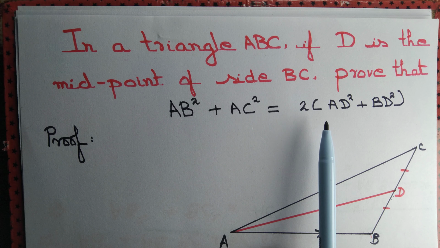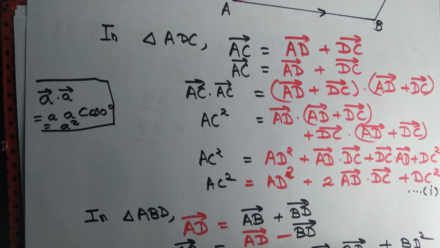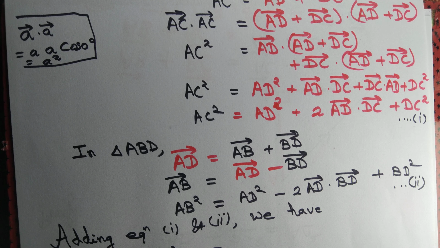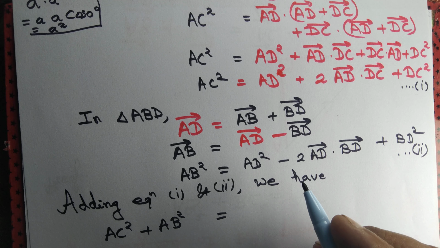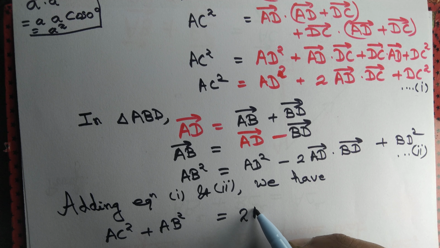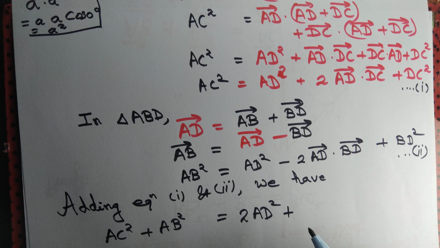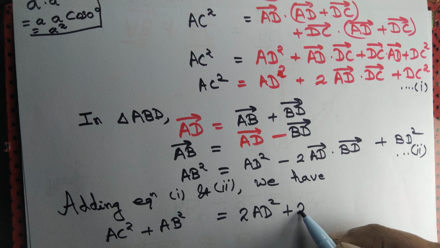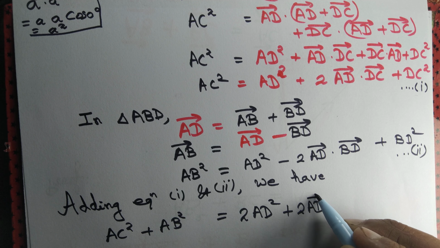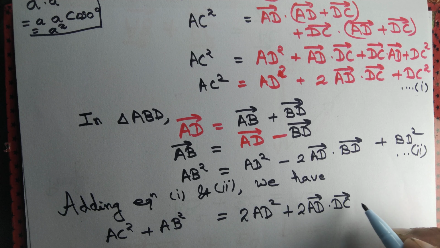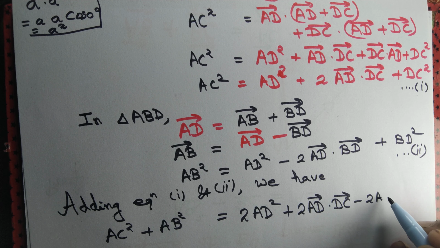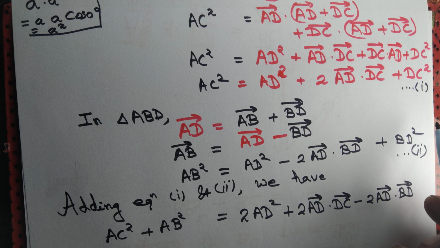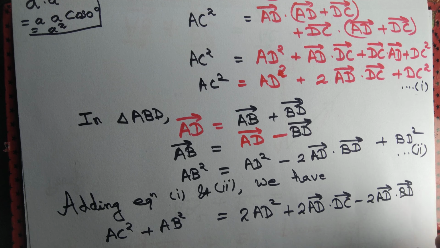AB square plus AC square equal to, if we add AD square and AD square, then you will get 2AD square, plus 2AD dot DC, minus 2AD dot BD, plus DC square plus BD square.